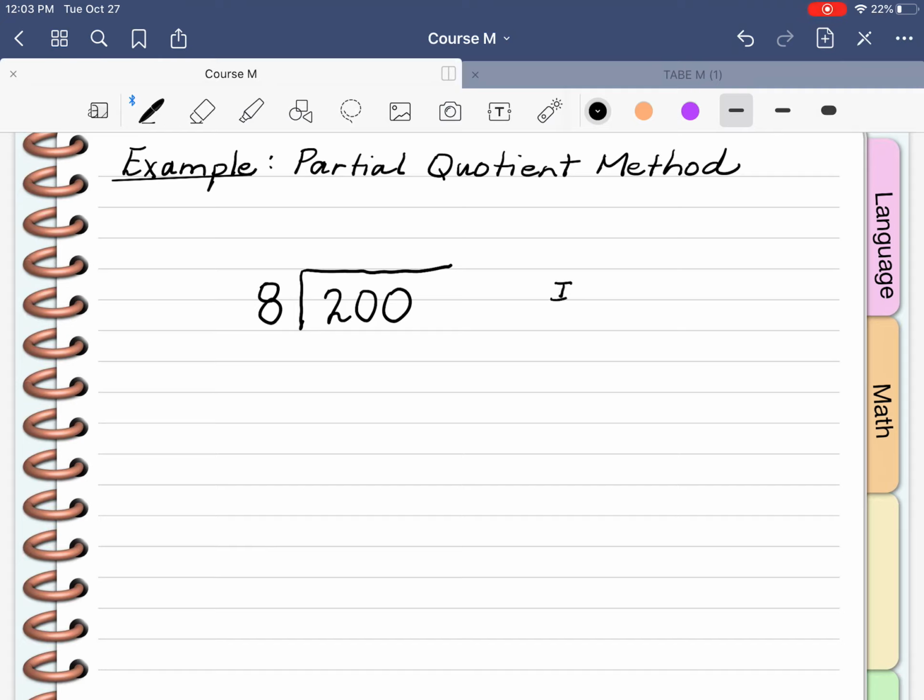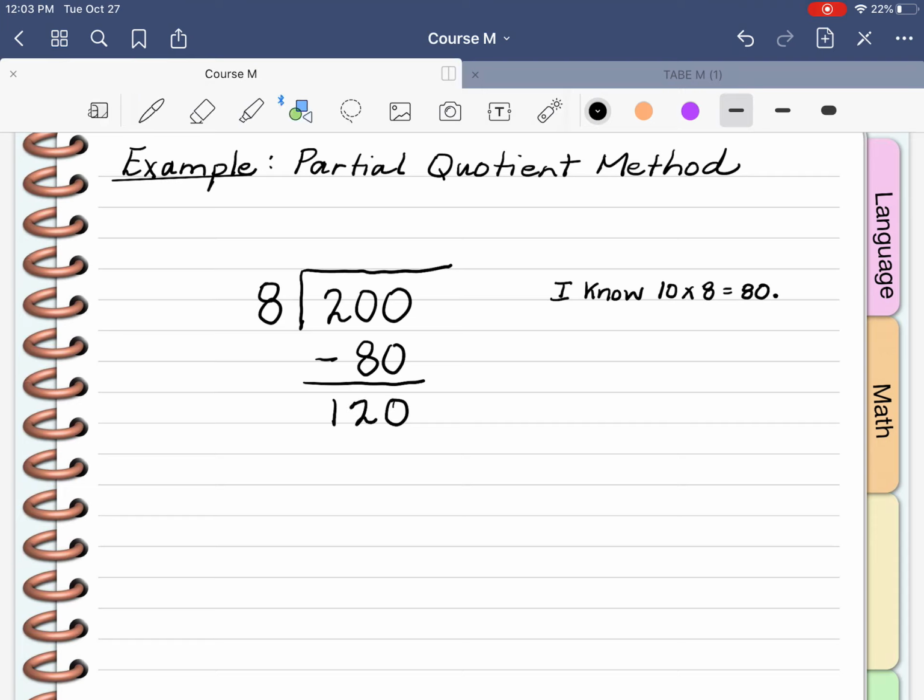Well, I know that 10 times 8 is 80. That's just something that I know to be true. So I'm going to subtract an 80 off of here. 20 take away 8 is 12. That leaves me with 120.